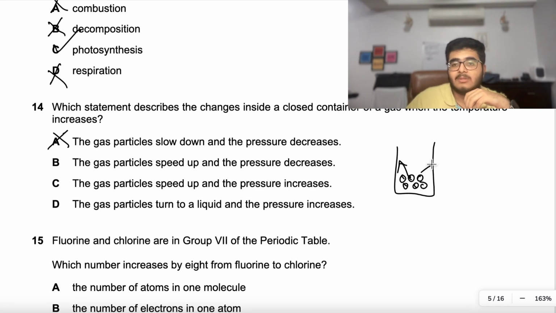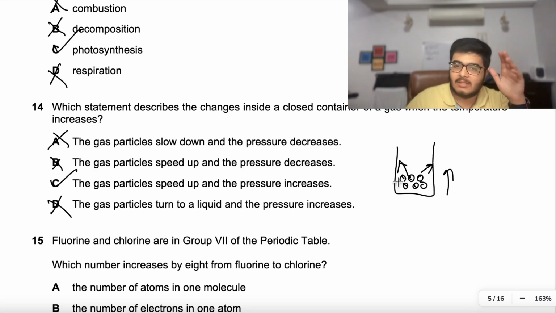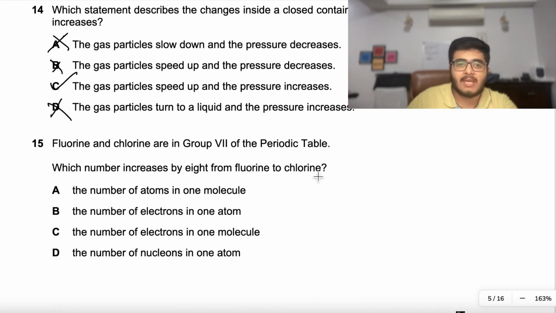They'll start hitting the walls of the container. They start pushing each other out, and this causes the pressure to increase. So the gas particles speed up and the pressure decreases. No, the pressure will increase. So eliminated. The gas particles speed up and the pressure increases. Best option. The gas particles turn into a liquid and the pressure increases. No, the gas particles do not turn into a liquid. They reach their vapor temperature and then they rise. They turn into vapors and become gas.